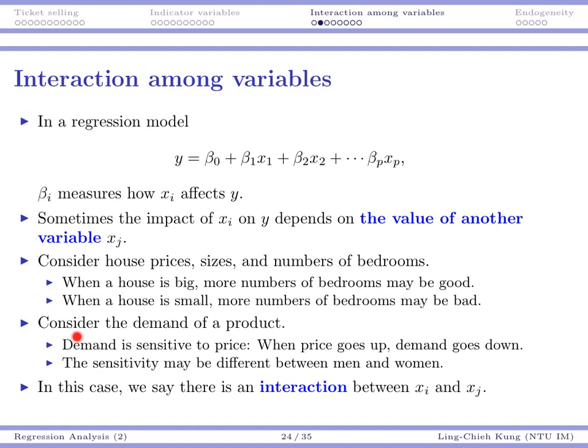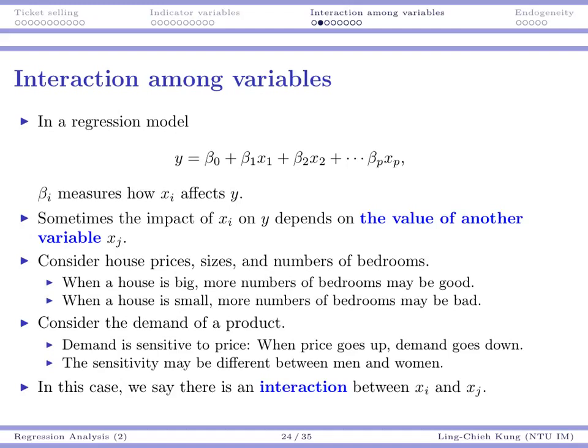Or if we consider the demand of a product, demand can be sensitive to price, right? In typical cases, when price goes up, demand goes down. Or even if it's the other way, we still have price sensitivity. But the sensitivity may actually be different between different kinds of people. For example, between men and women, because this may be some special product that only men or women like, but the other group does not.